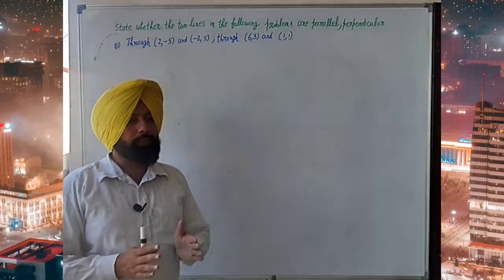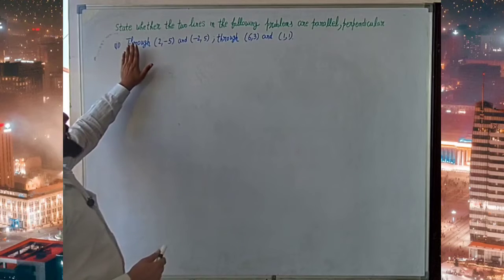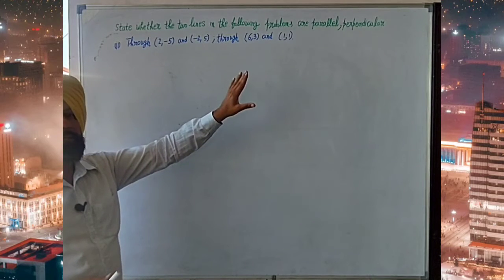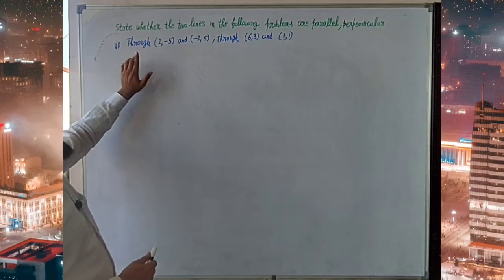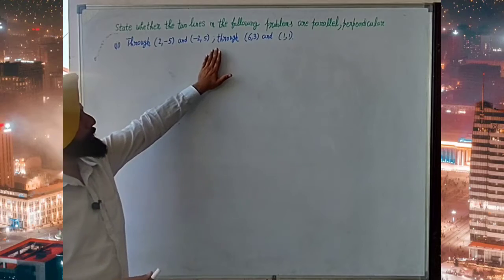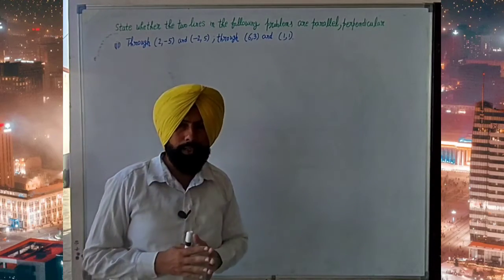Now students, our next sum. State whether the two lines in the following problems are parallel or perpendicular: through 2, minus 5 and minus 2, 5; through 6, 3 and 1, 1.